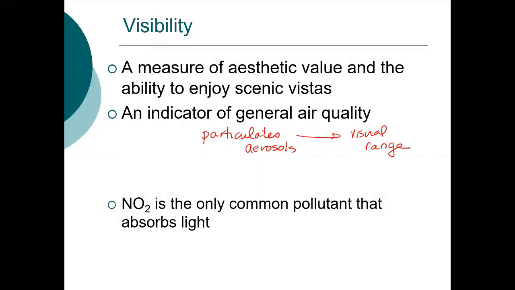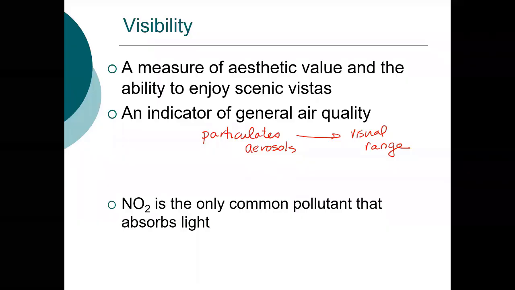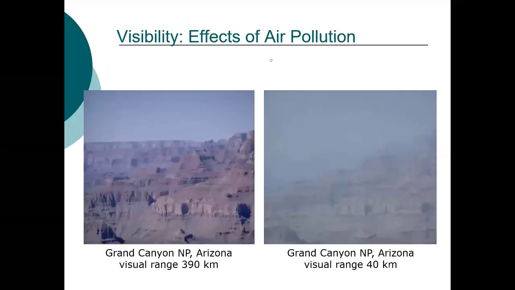And NO2 is the one pollutant that absorbs light. I've got a series of photos just to give you a sense of this. This is the Grand Canyon. On the left, you see a photo where the visual range is almost 400 kilometers.